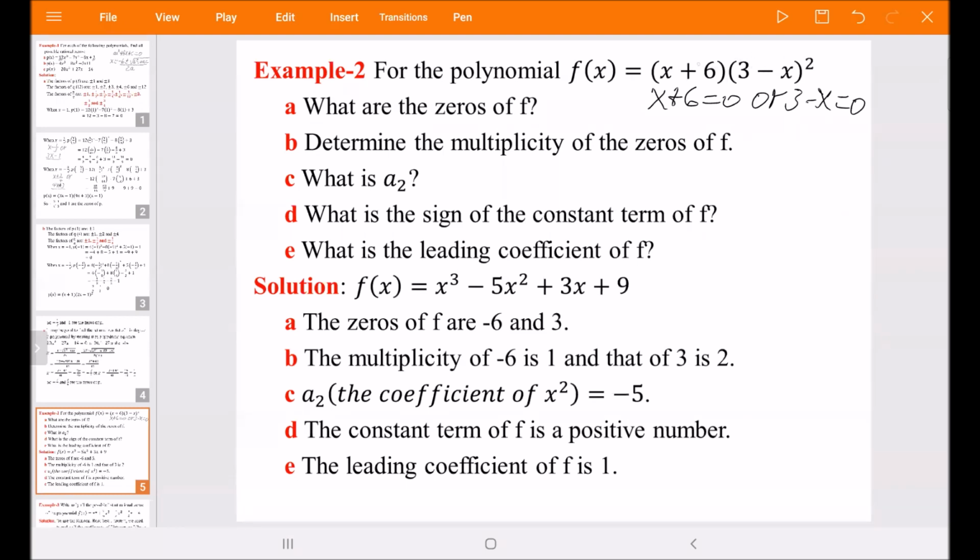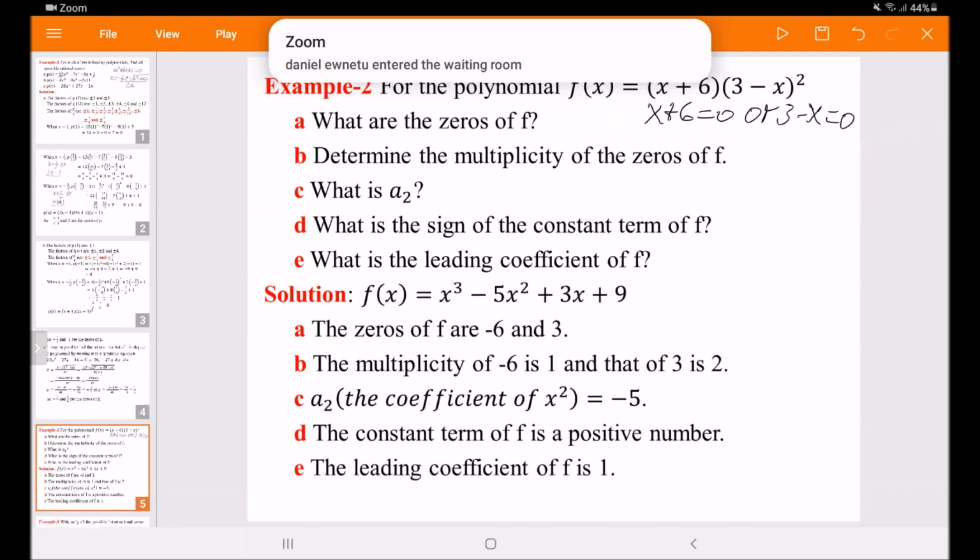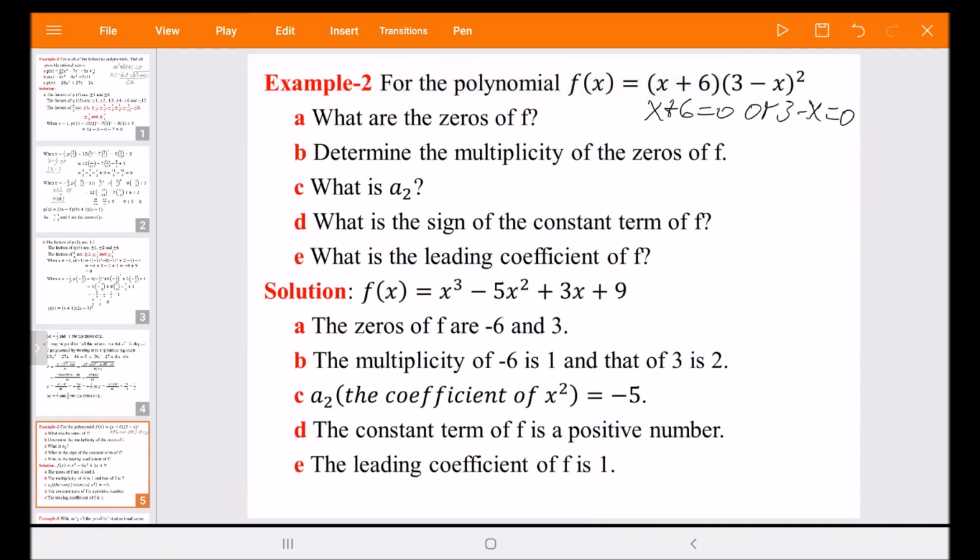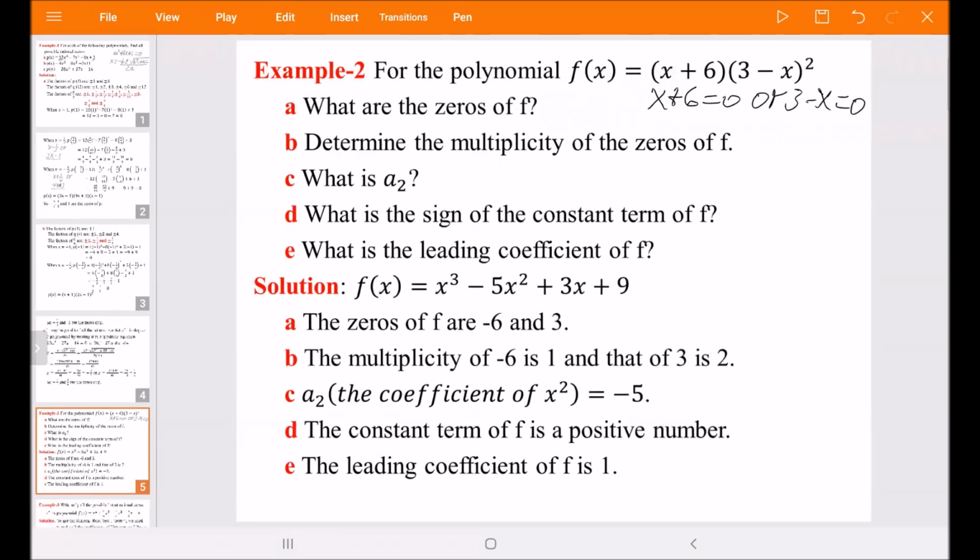So the product of x plus 6 and 9 minus 6x plus x squared is equal to x cubed minus 5x squared plus 3x plus 9. So from this, the coefficient of x squared is minus 5. That means a2 is negative 5.